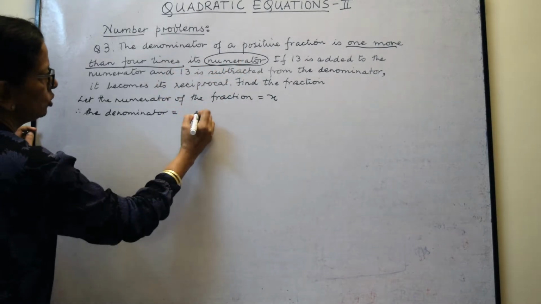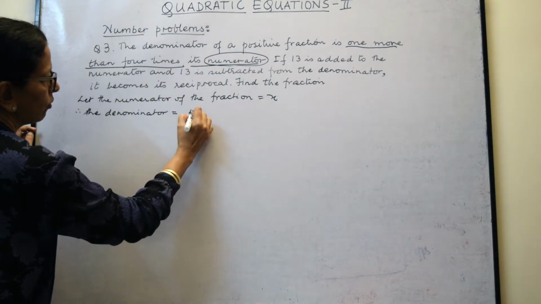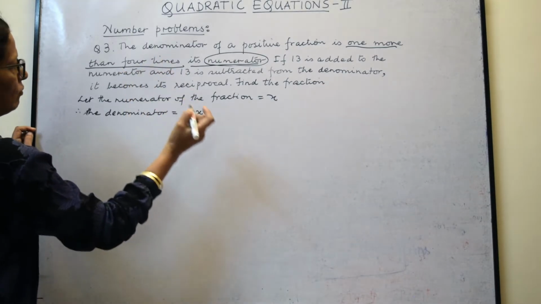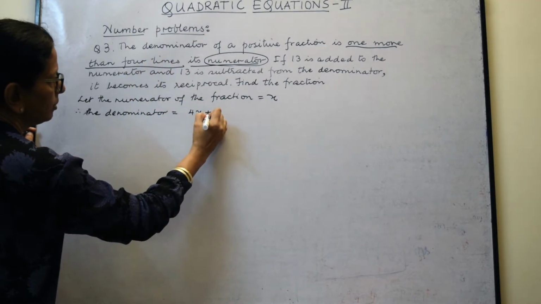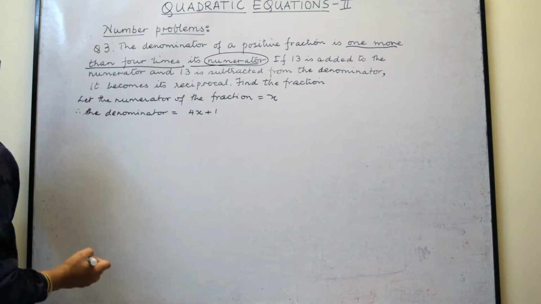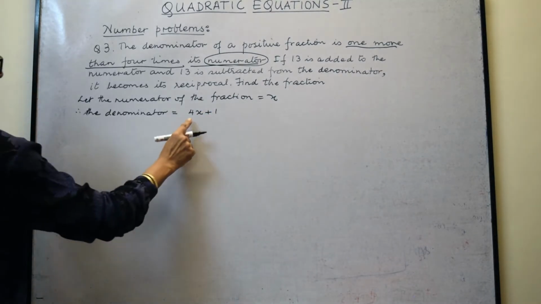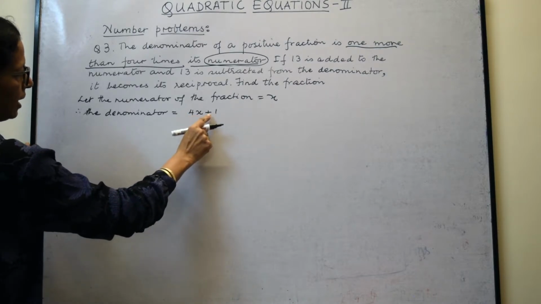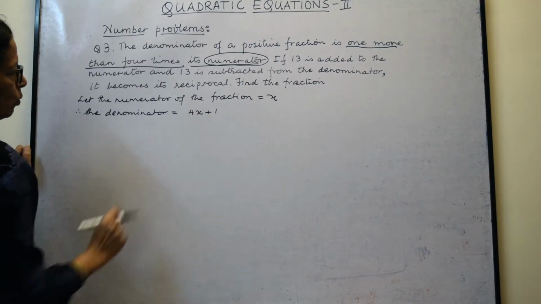What is 4 times the numerator? It is 4x, because the numerator gets multiplied by 4. And 1 more than that means what? Plus 1. Now let us see what is the meaning of this. It is 4 times x and then 1 more means you add 1.